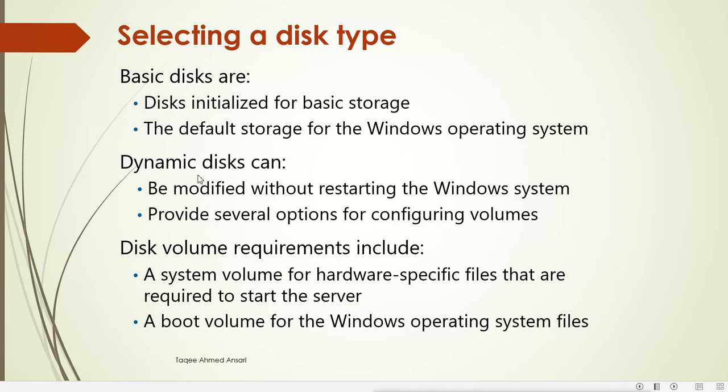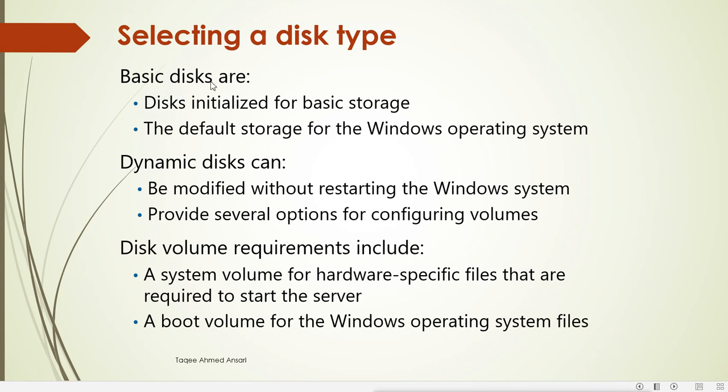If we want to reconvert from dynamic to basic, it is not allowed. We have to remove all the partitions from that disk. Only then can we make it basic. Basically, when you remove all the partitions of the hard disk, it will automatically become basic.